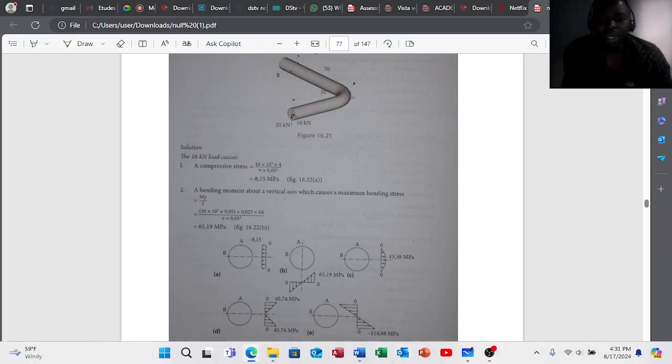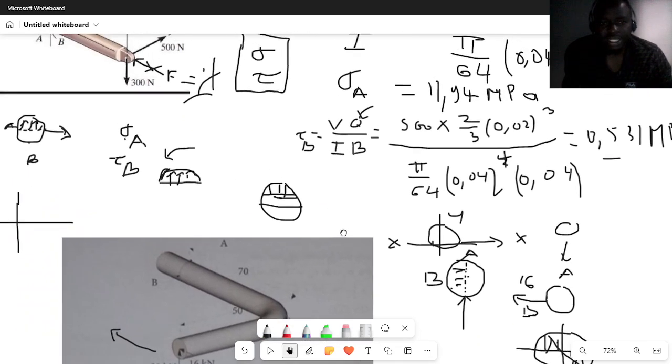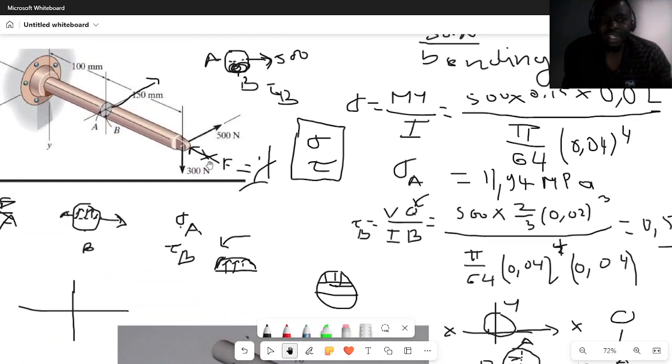Now, the only difference, to avoid confusion, is the bending felt at A is the bending of A, but the representation is opposite, like the shear stress. With the shear stress acting at A, it is the one of B. That is the only difference. But the representation always goes opposite as well.